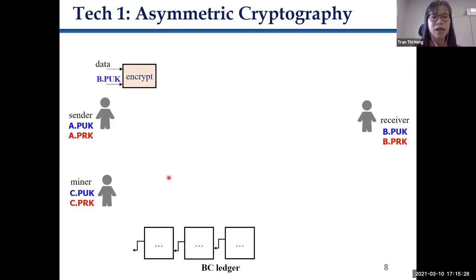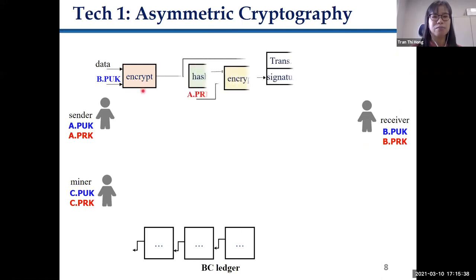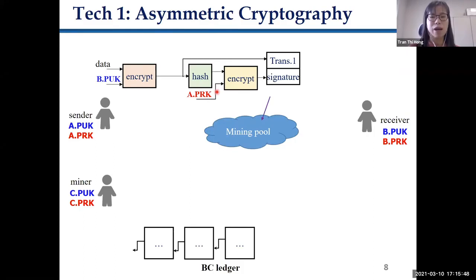Let's say in the network, user A wants to send data to user B. Firstly, he uses the public key of user B to encrypt the data. Then he uses his own private key to sign the message. This message is sent to the mining pool.